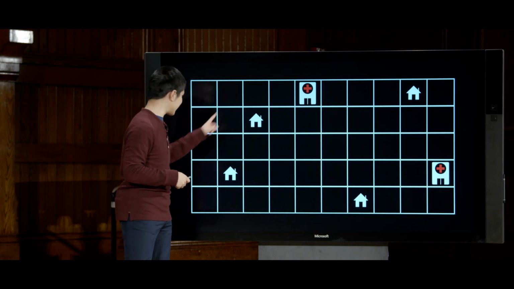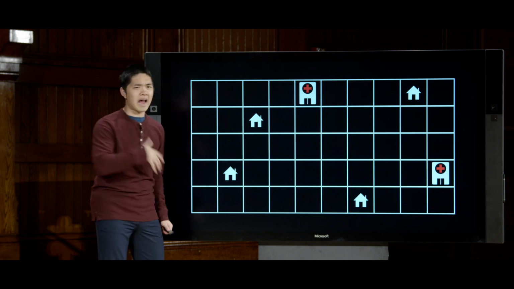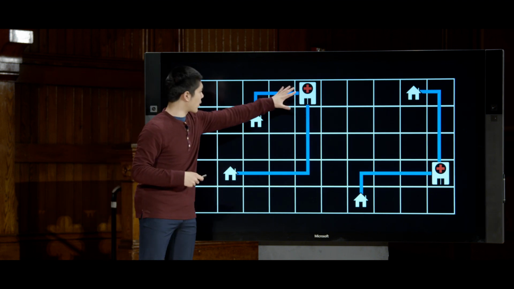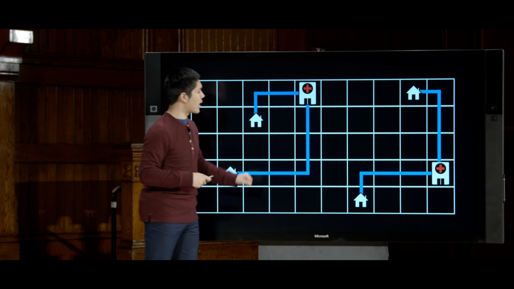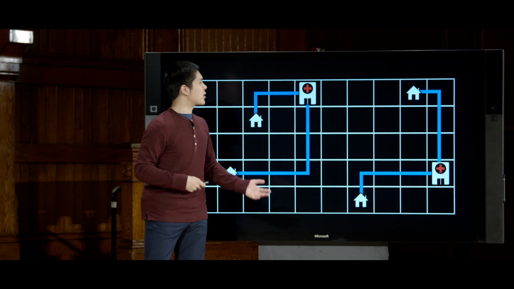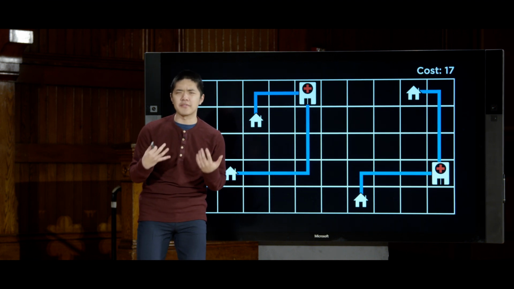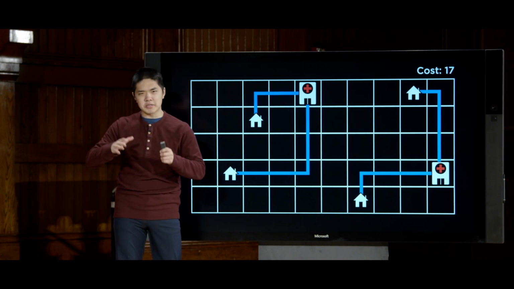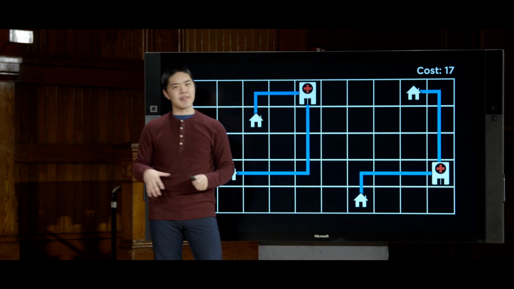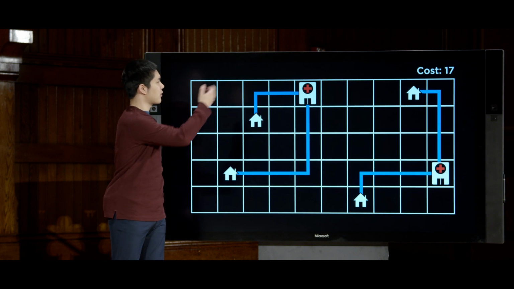And it turns out if you take each of these four houses and figure out how close they are to their nearest hospital, you get something like this, where this house is 3 away from a hospital, this house is 6 away, these two houses are each 4 away. And if you add all those numbers up together, you get a total cost of 17. So for this particular configuration of hospitals, a hospital here and a hospital there, that state, we might say, has a cost of 17.